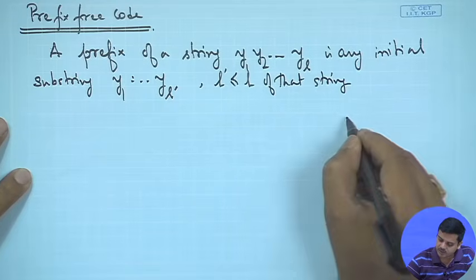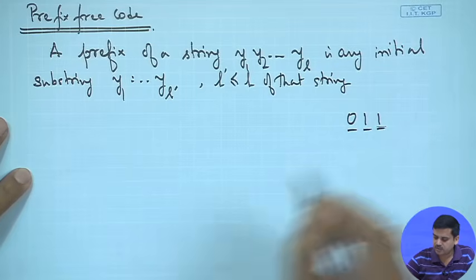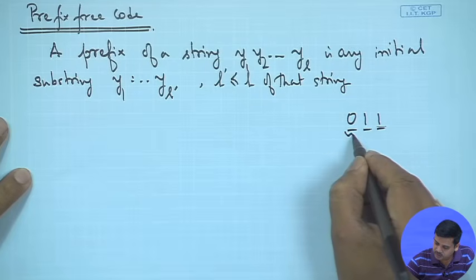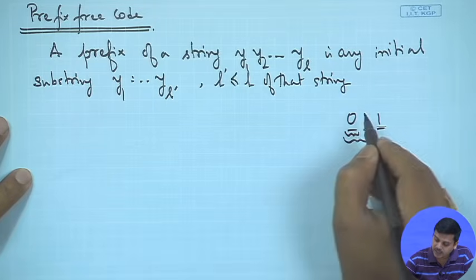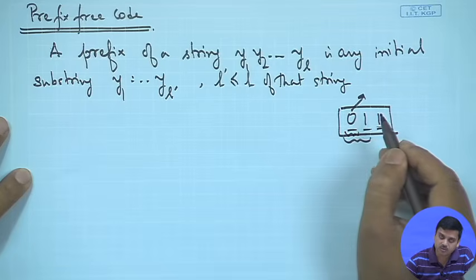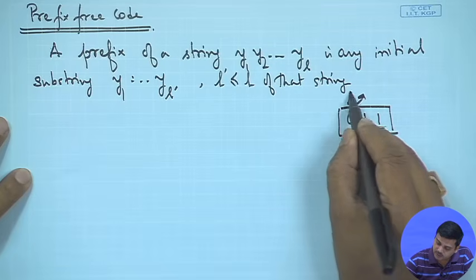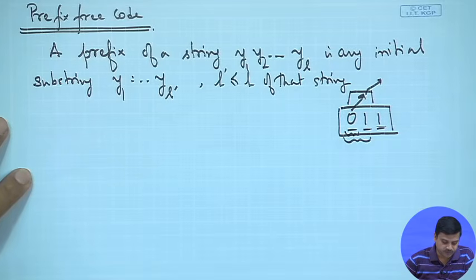What we mean is that suppose I have 0, 1, 1 as a code. There are 3 bits. So, 0 is a prefix, 0, 1 is a prefix. A prefix-free code, if it has this as a code word, should not have 0 as a code word, and it should not have 0, 1 as a code word, because these are prefixes.